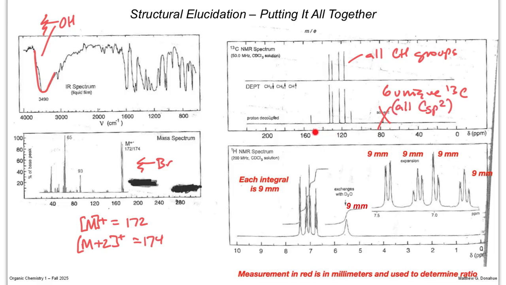So to answer the question about aromatic, when you start seeing these patterns, because all of those 6 signals are in this region, we're going to assume that belongs to a benzene ring. Benzene's nice because it's 6 carbon atoms. They're all sp2 hybridized. So we can draw that fragment now.